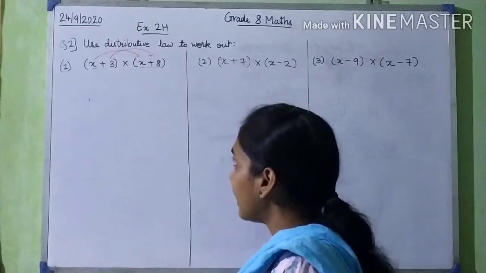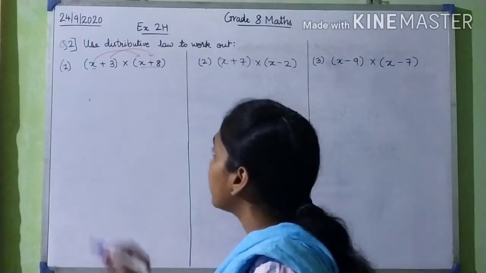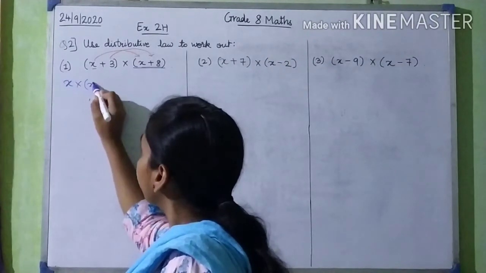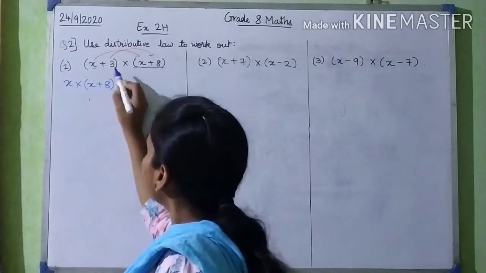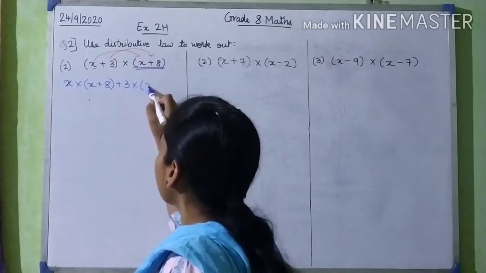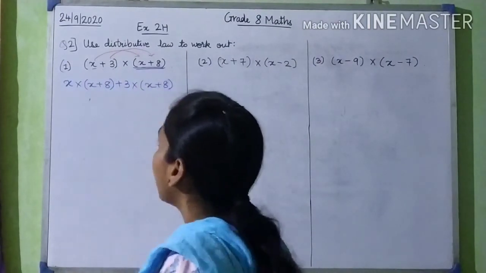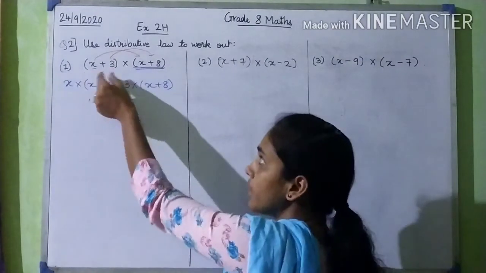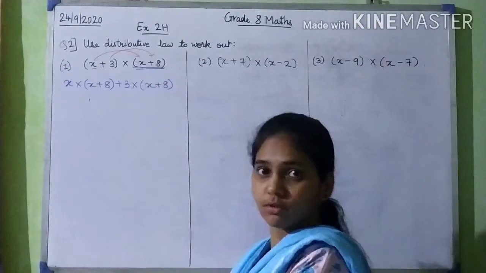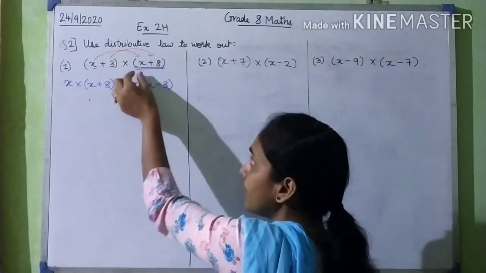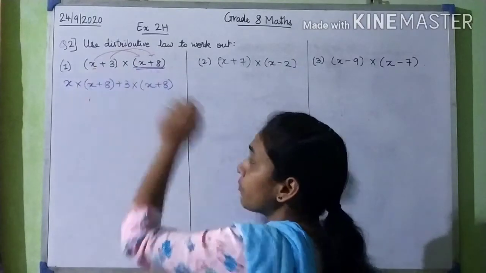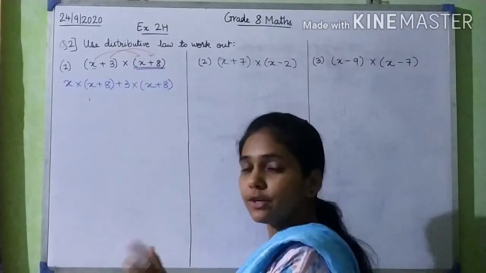Each term of the first expression has to be multiplied to the whole second expression, or you can even multiply each term of the second expression to the whole of the first expression. You can do it either way.